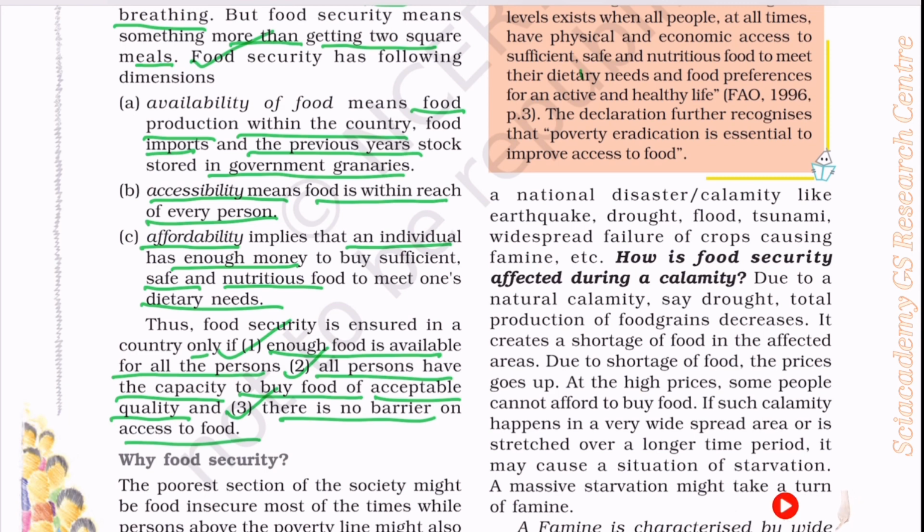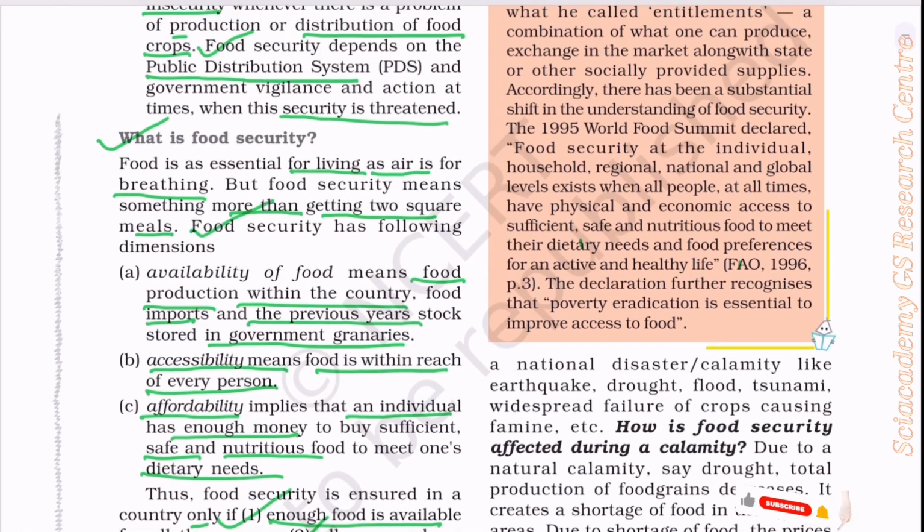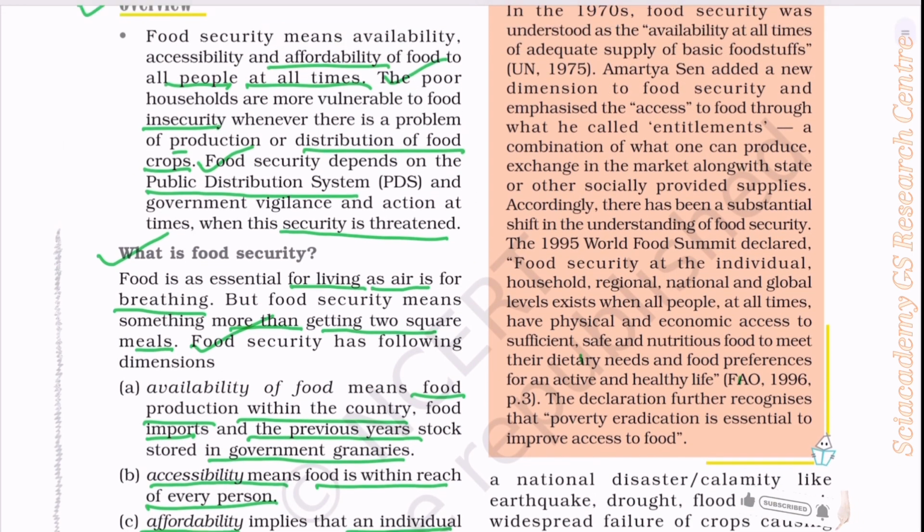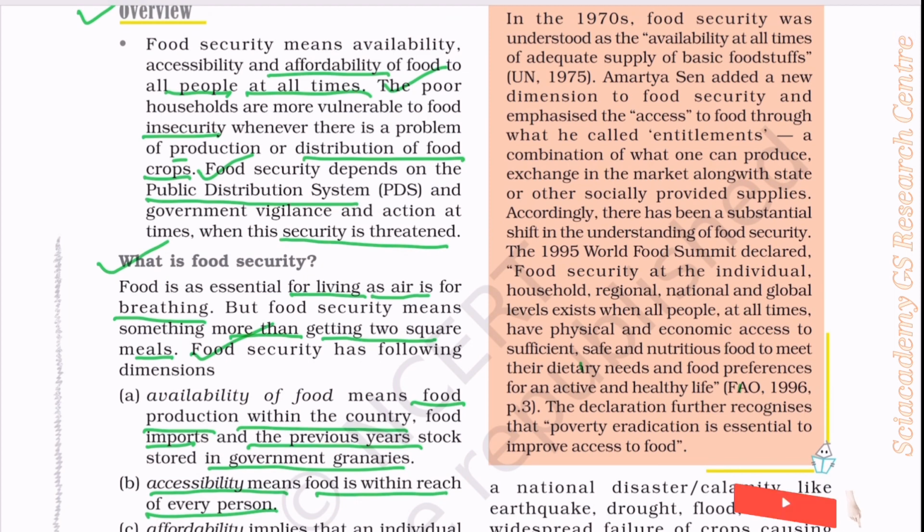Without food security, the poorest section of the society might be food insecure most of the times, while persons above the poverty line might also be food insecure when the country faces a national calamity like earthquake, drought, flood, tsunami, widespread failure of crops causing famine, etc.